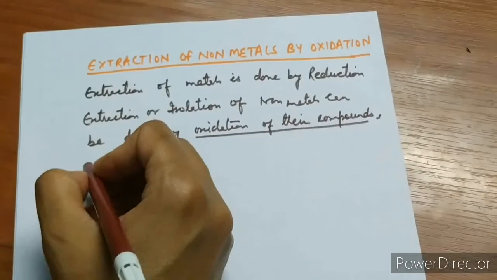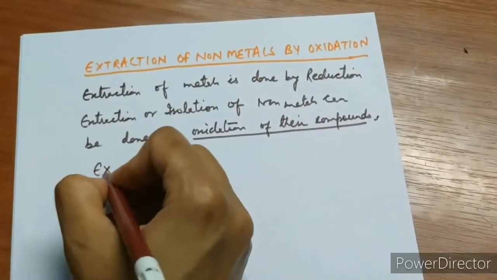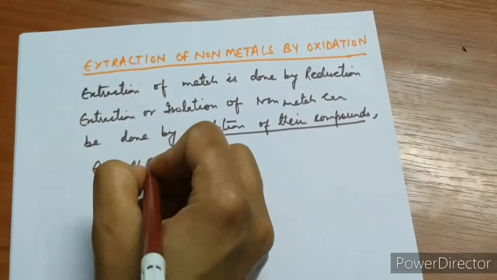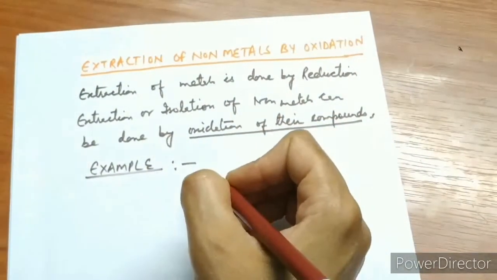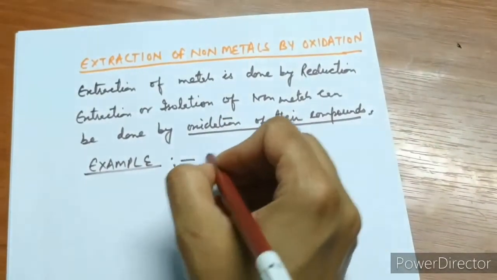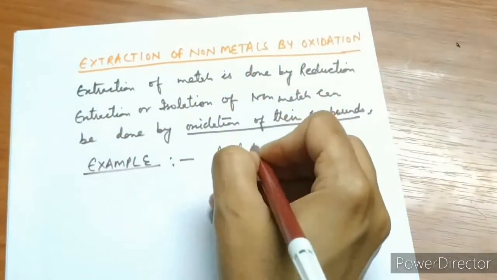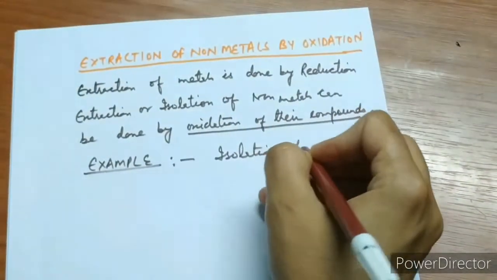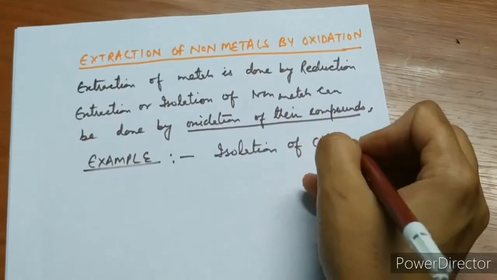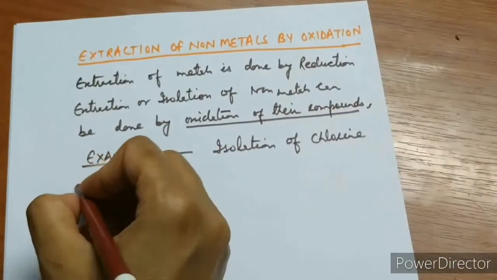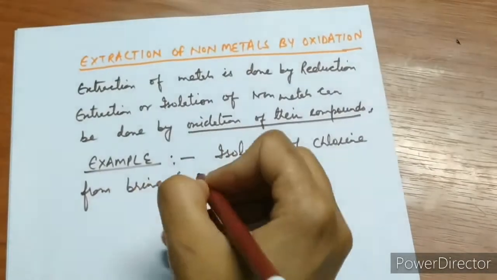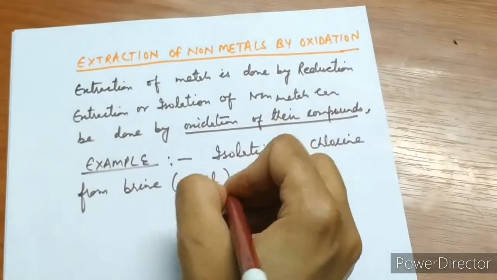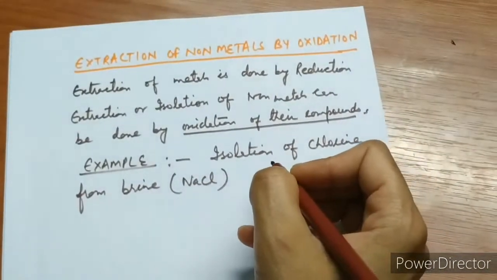So a very common example of extraction based on oxidation is isolation of chlorine from brine. What is brine? NaCl, sodium chloride solution, is called brine.